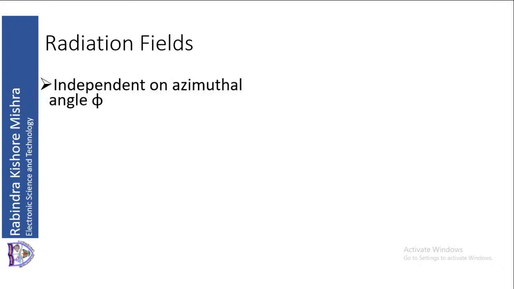So let us find out the radiation fields. These radiation fields will be independent of the azimuthal angle phi. The reason is F perpendicular is independent of phi. Therefore, this will be independent of phi. They will be dependent on theta only. Now, if they are independent of phi, which means they will be only confined to the xy plane.